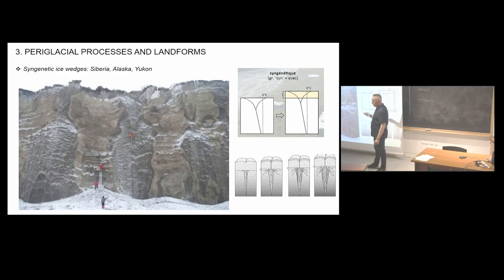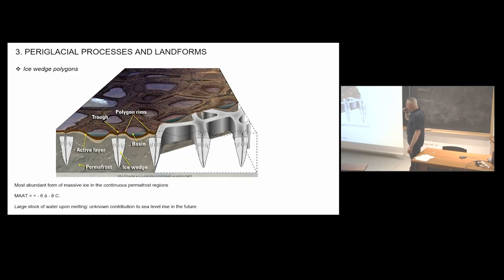If it thaws and microbial activity starts in there, there will be quite a bit of greenhouse gas emission that will accelerate the current warming. So this is what it looks like in 3D. You have this network of wedges and so on. So you can almost consider these areas almost ice only. It's really, really a lot of ice.